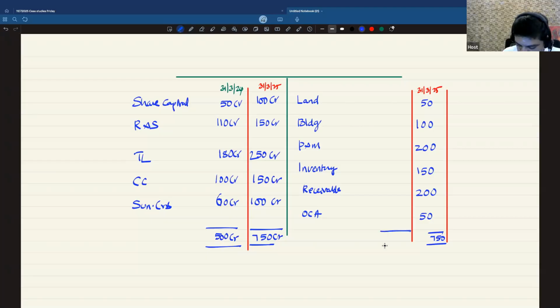It means on the asset side also in the previous year, they had 500 crore. So what was that 500 crore? Let's try to understand. Let's say in the previous year, their investment in buildings is only around 30 crore.